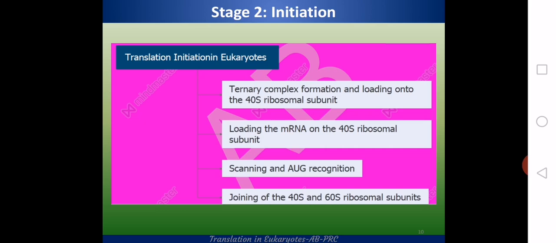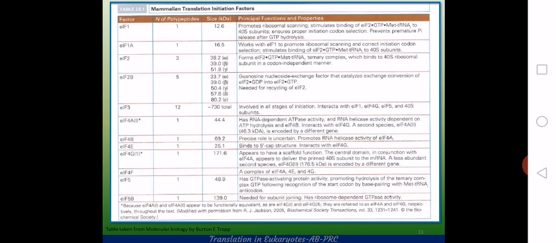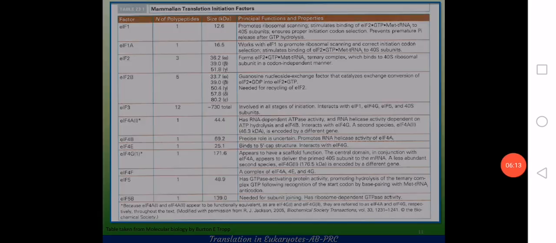So there you can see certain differences. And this is the list of initiation factors involved in eukaryotic translation initiation. You can see there eIF1, 1A, 2, 2B, 3, 4A, 4B, 4E, 4G, 4F, 5 and 5B. So a huge list of proteins are involved in the initiation, unlike in prokaryotes.